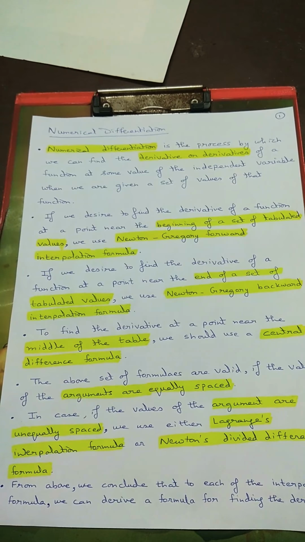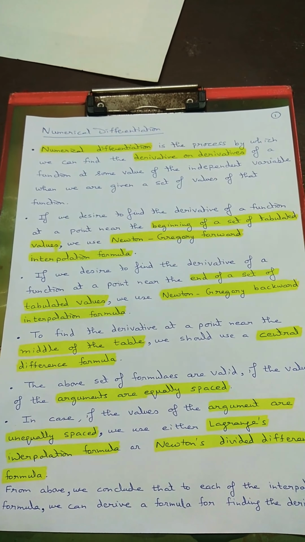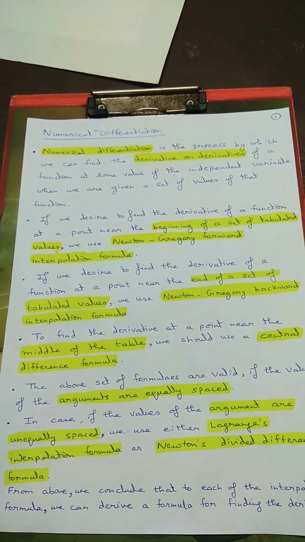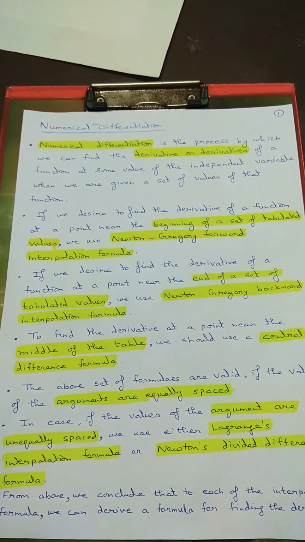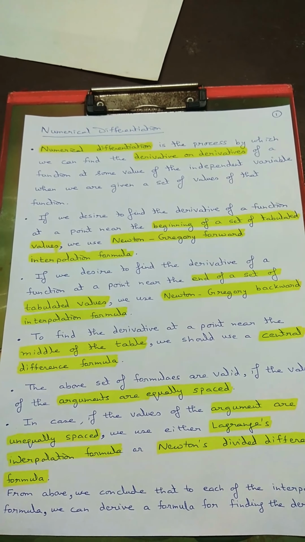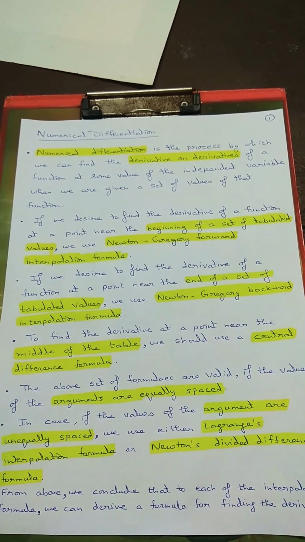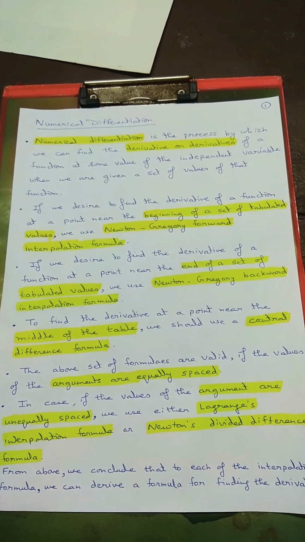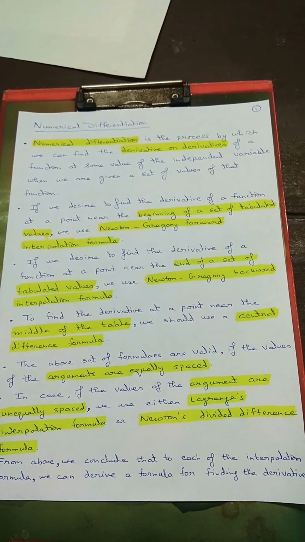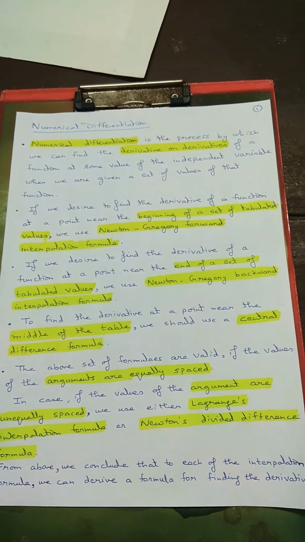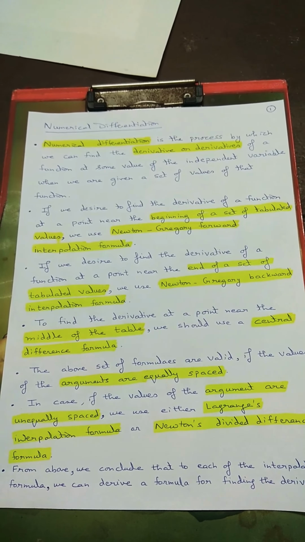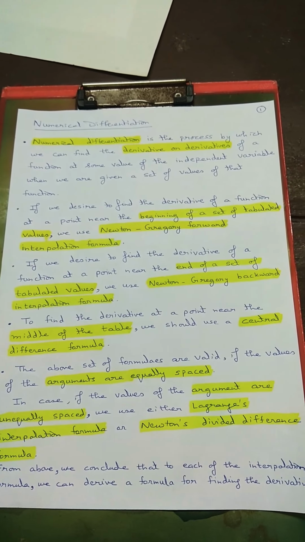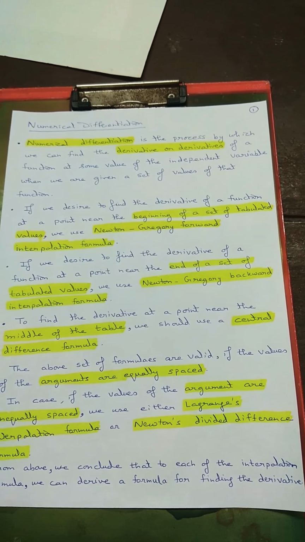In case the values of the argument are not equally spaced, we use either Lagrange interpolation formula or Newton's divided difference formula. So from above, we conclude that to each of the interpolation formulas, we can derive a formula for finding the derivatives.